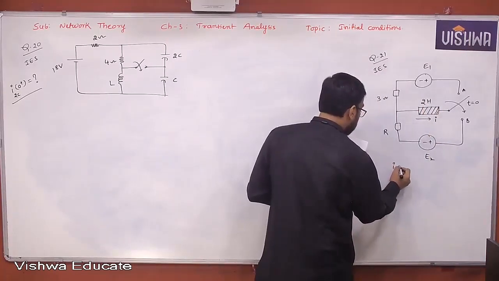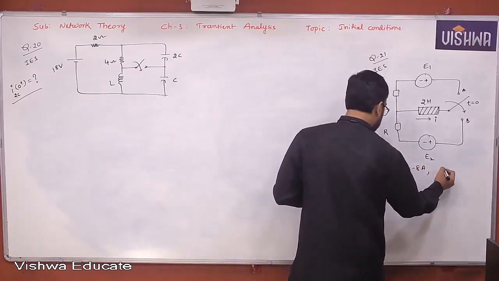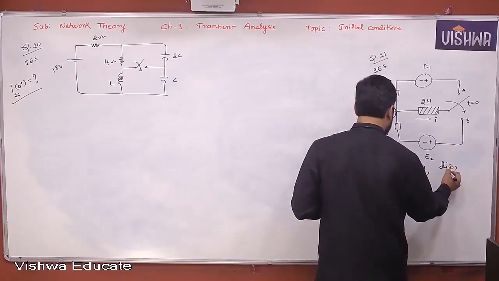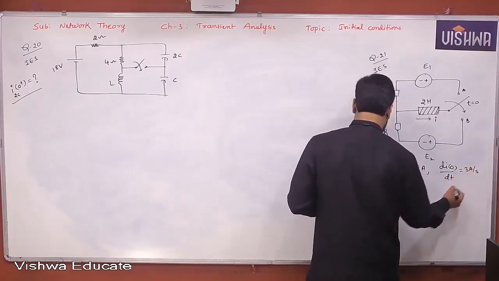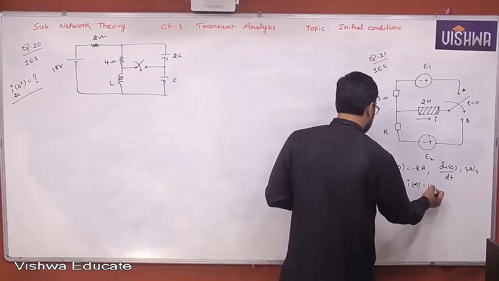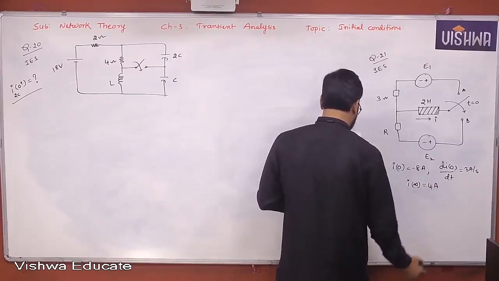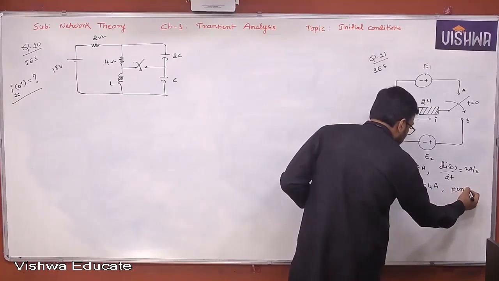I of 0 is given as minus 8 ampere. di of 0 by dt is given as 3 amperes per second. I of infinity is given as 4 ampere. Okay. Then he's asking for the capital R value.